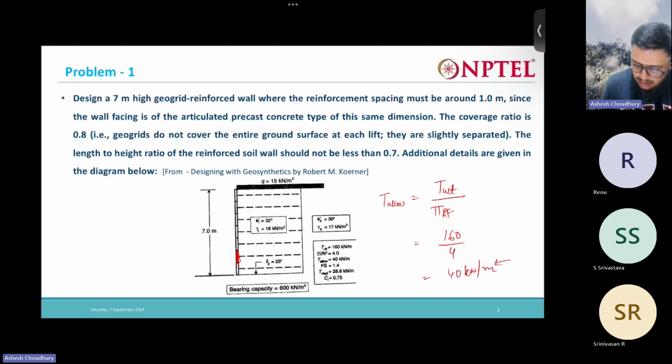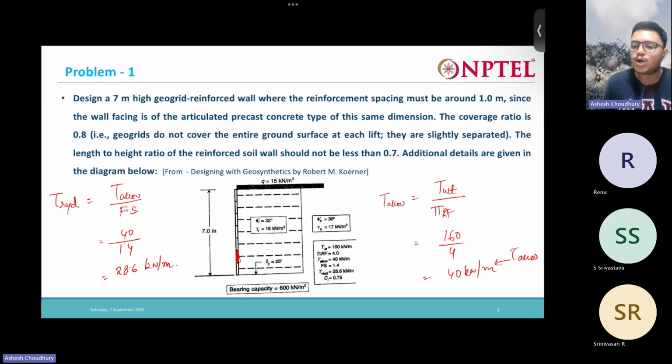Now what is the T required or the T design? It is T allow divided by the factor of safety, 40 divided by 1.4, and we get 28.6.